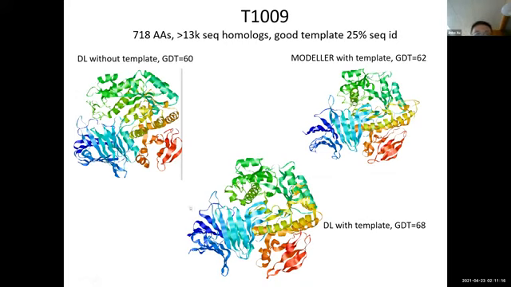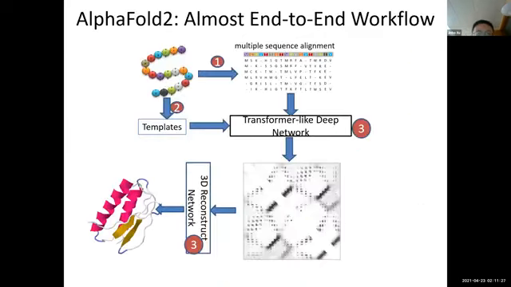And actually, in CASP14 last year, several groups adopted this strategy, like AlphaFold 2, and also David Baker's group. They also use the template information. And then, this slide I show you the workflow used by AlphaFold 2. So AlphaFold 2 uses an even more simplified workflow than my method.